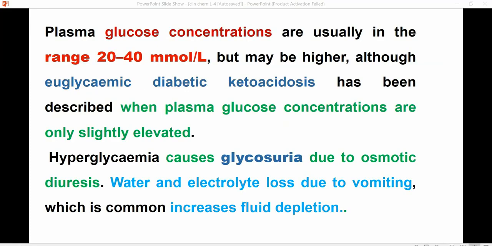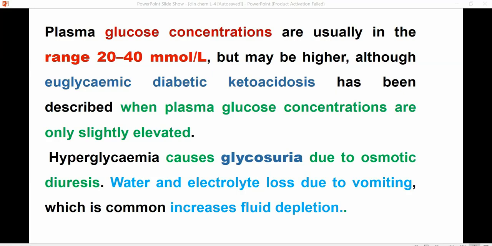In this condition, we would have a plasma glucose level within the range of 20 to 40 millimole per liter, and it could even develop with euglycemic ketosis.